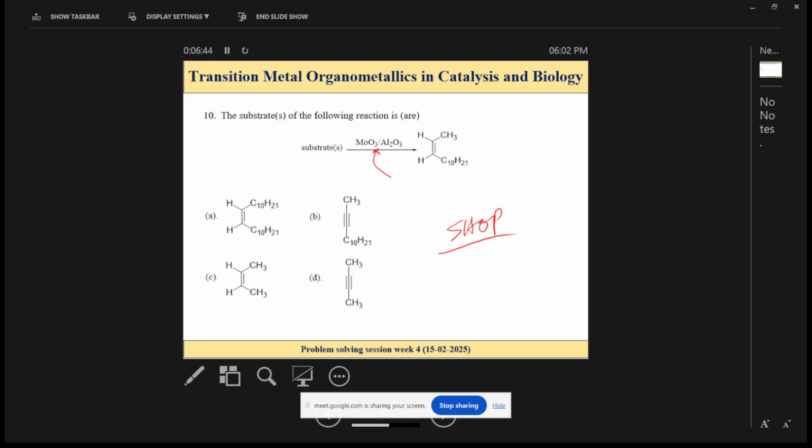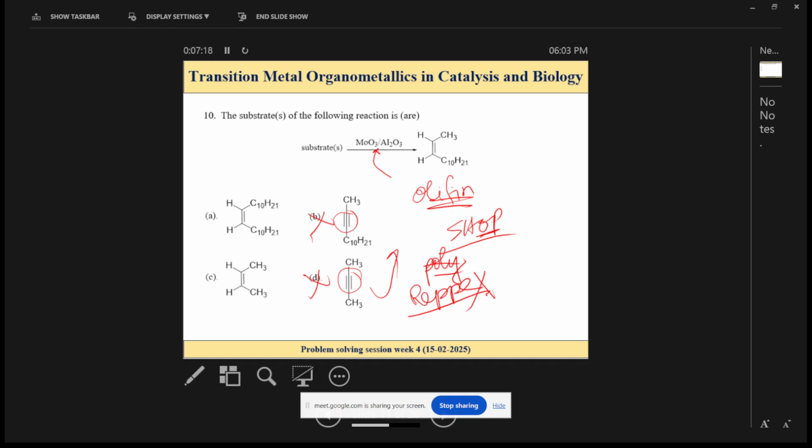So we can see that this is an olefin polymerization or olefin metathesis reaction. We can easily discard these two options which have an alkyne group. Alkynes we read about in the Reppe process, so this is not Reppe.